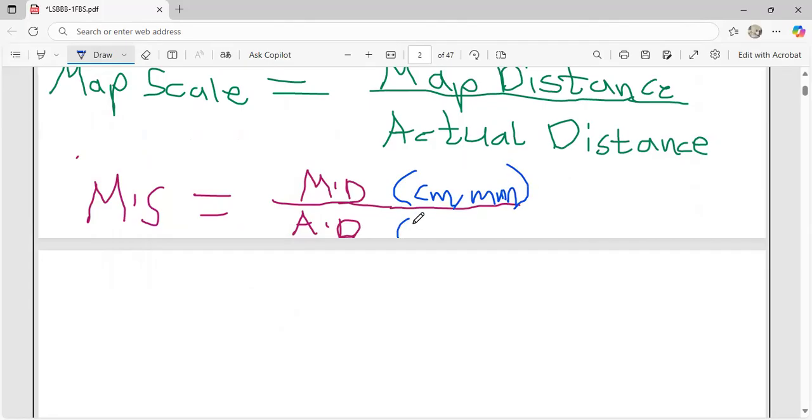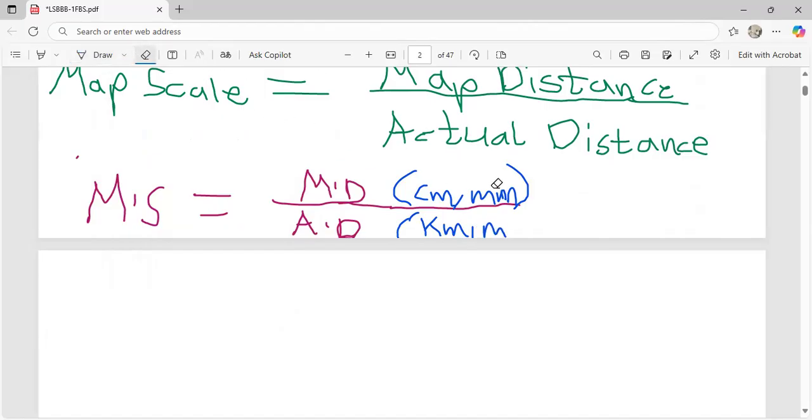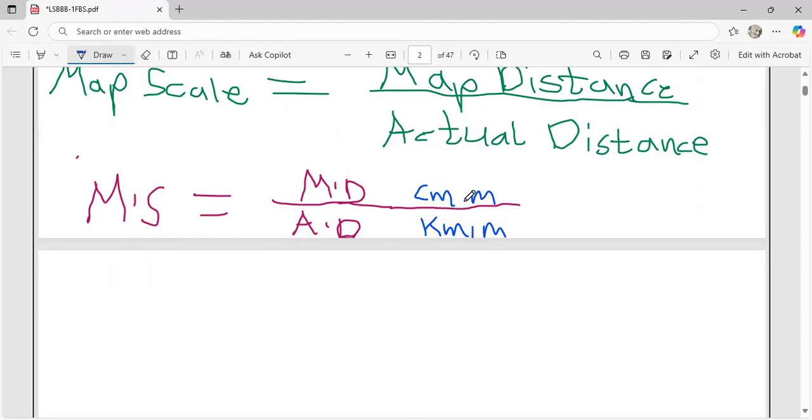And if you see km or meters, that becomes your actual distance. That will become your actual distance.